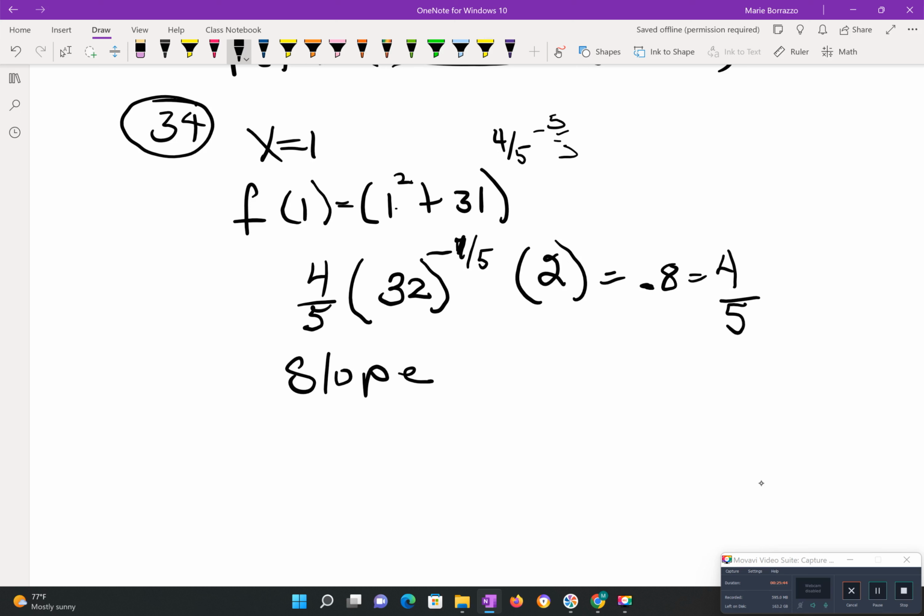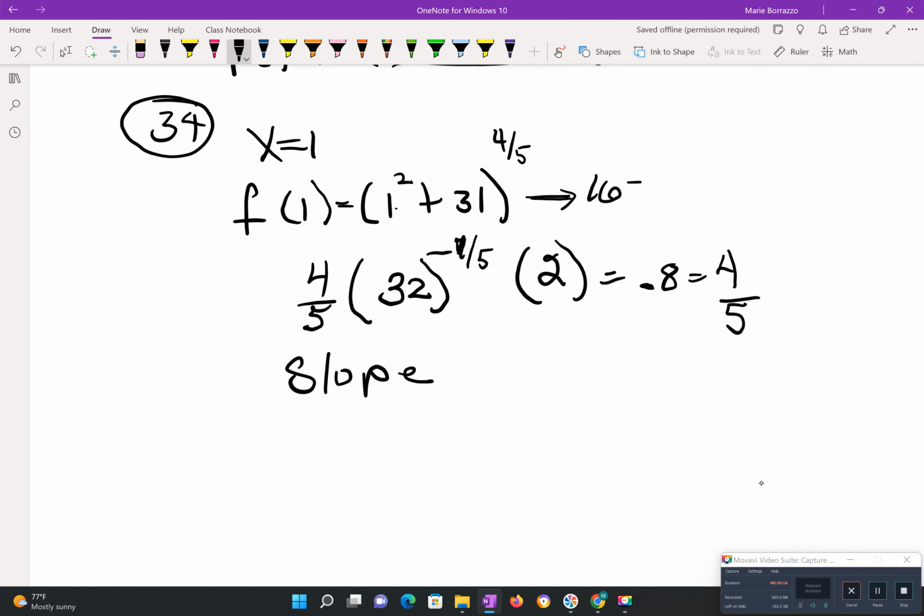And we know that when x is 1, let me see, 32 raised to the 4/5. Okay, so we already know before you even take the derivative that this is 16.